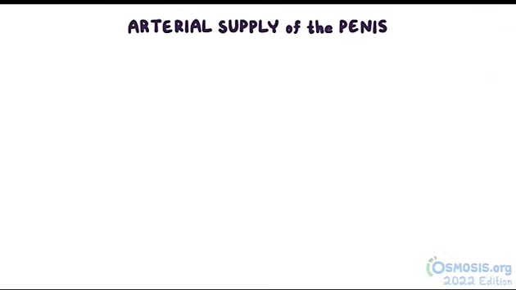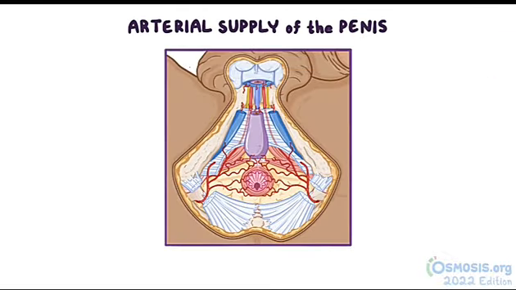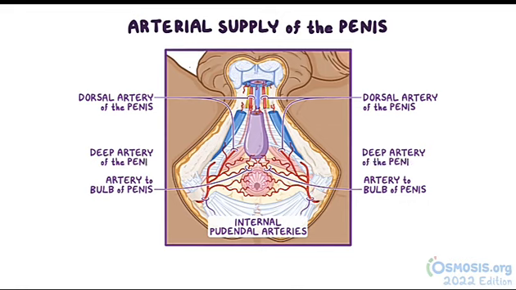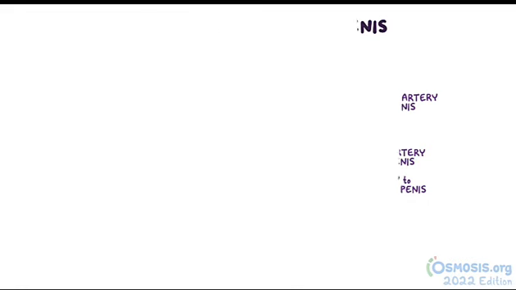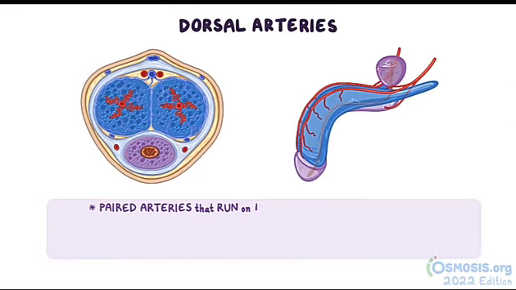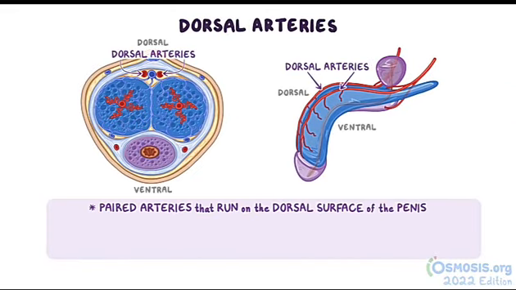Let's take a look at the arterial supply of the penis. The main arteries that supply the penis branch from the internal pudendal arteries. These branches include the dorsal arteries of the penis, the arteries of the bulb of the penis, and the deep arteries of the penis. Let's start with the dorsal arteries, which are paired arteries that run on the dorsal surface of the penis.